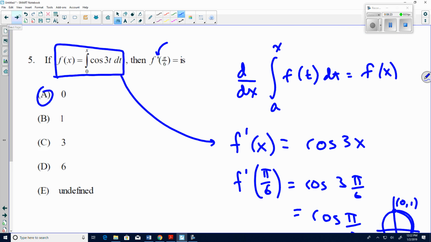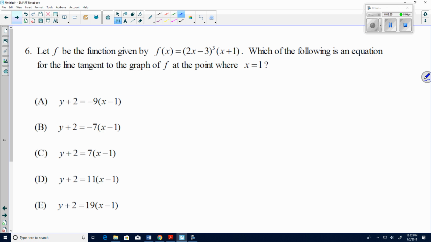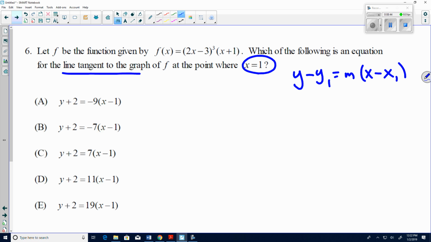Okay. Number 6. Let f be the function given by, which of the following is an equation for the line tangent to the graph, where x is 1. This screams the point slope form of a line, m times x minus x1. We know x is 1.